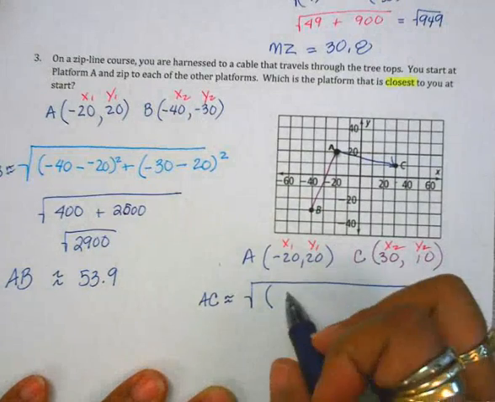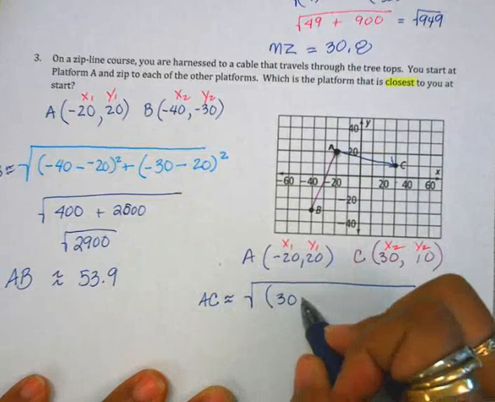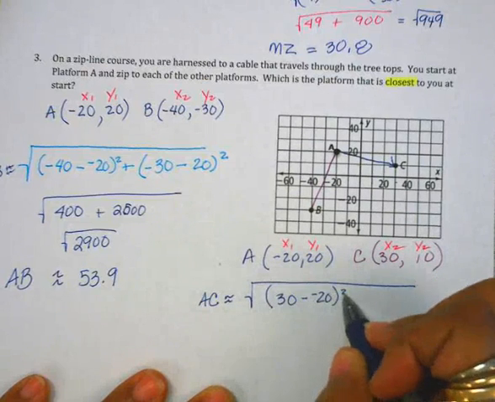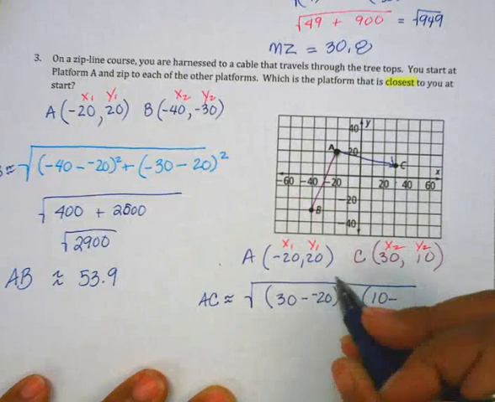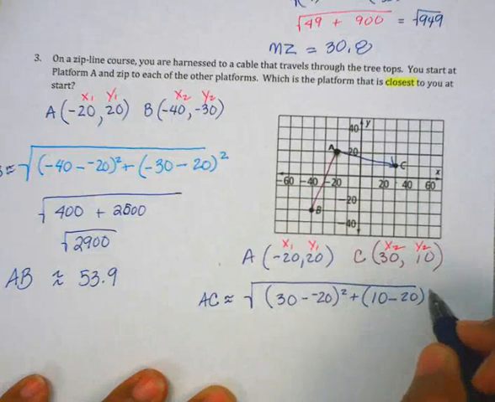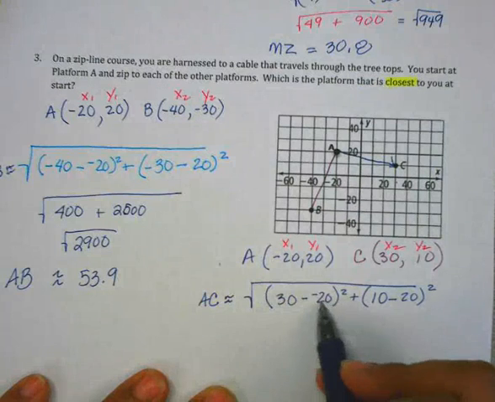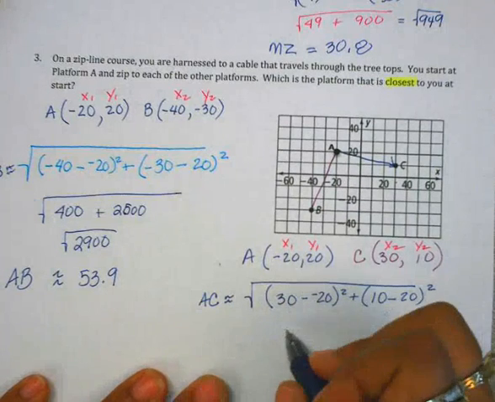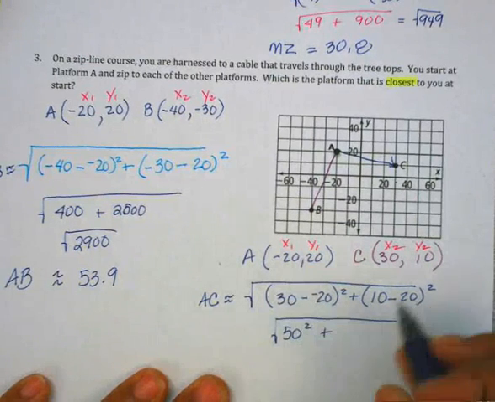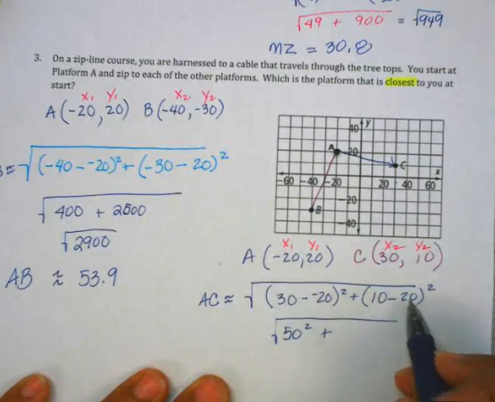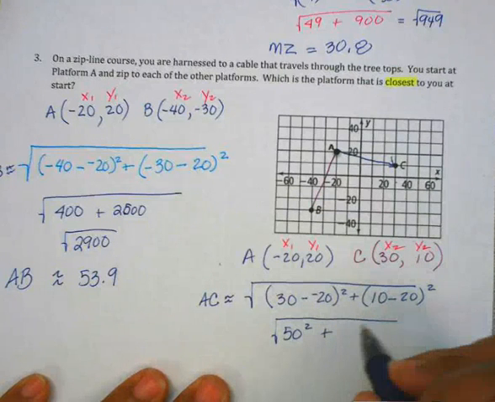So my x2 is 30 minus a -20 squared plus y2, which is 10 minus 20 squared. 30 minus a -20, that's a positive 50 squared, plus 10 minus 20, which is a -10, is a 10, I'm sorry.